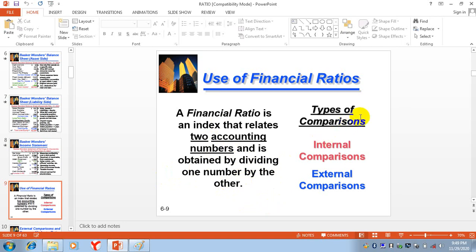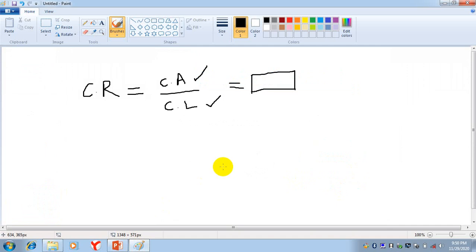Then there are two types of comparisons. One is called internal comparison and one is called external comparison. What does it mean? Internal comparison means, suppose this is 2019, this is 2018, and this is 2017.